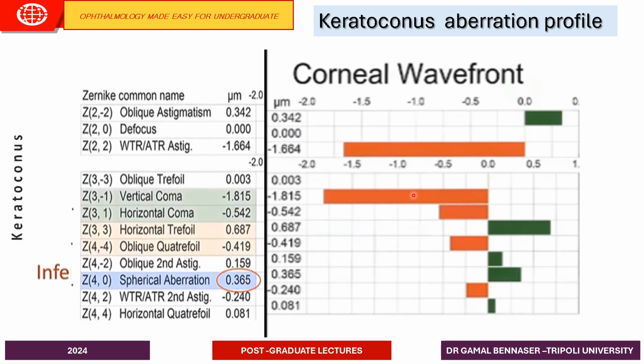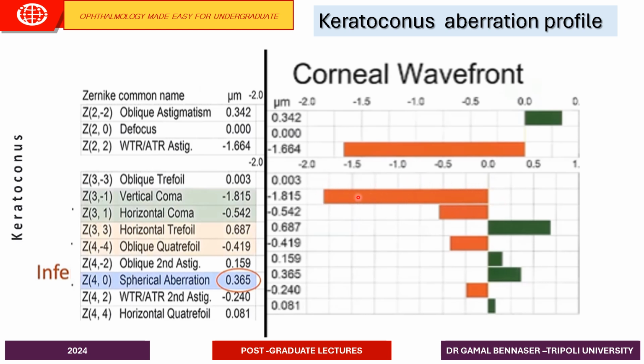Now, if the cone is present centrally, like the nipple cone, you mainly find spherical aberrations. However, when you find a displaced apex of the cone, you will find mainly vertical aberrations, and as I said, negative vertical aberrations are much more common in keratoconus.